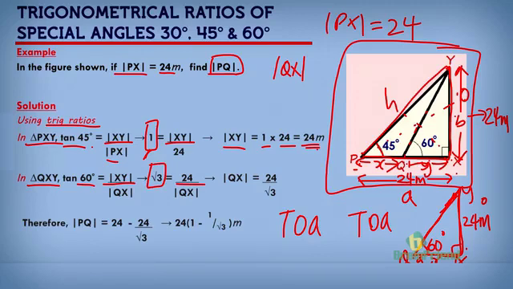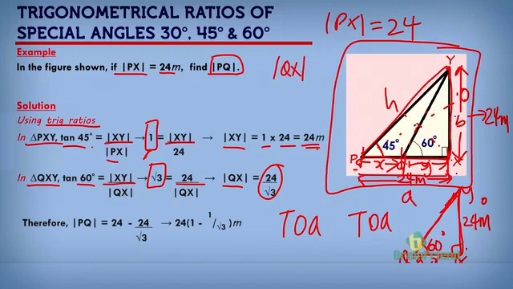XY is 24, and line QX is our unknown. Cross multiplying, line QX is what? 24 all over root 3. So we have a value for our QX. You can easily subtract QX from 24, which is the full length here, and we'll have the side that we require.